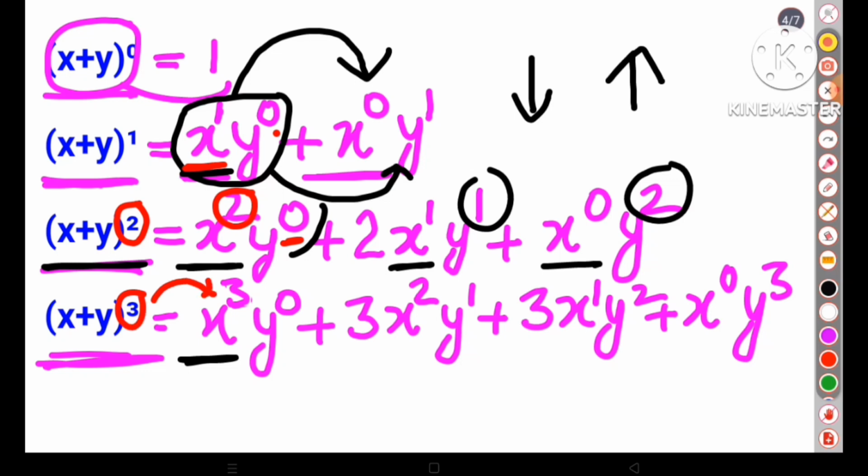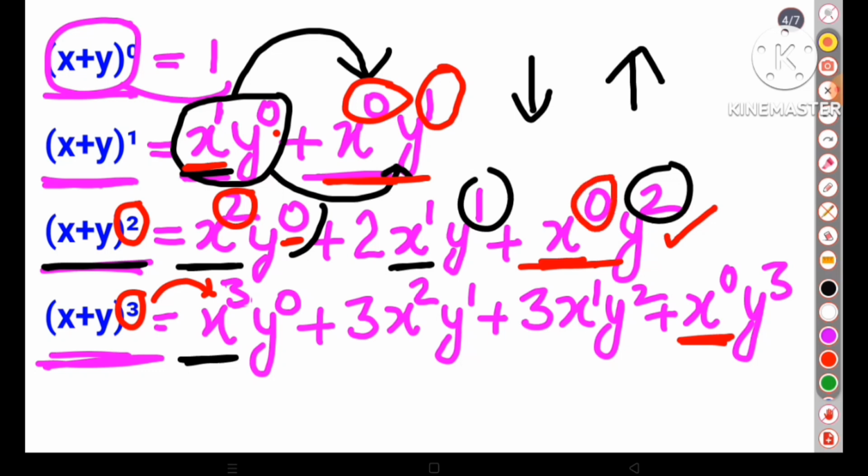And in the last term of each expression, we have given all the power of the expression to y and x gets 0. Similarly, in this case, for (x plus y) whole square, we have given all the power to y in the last term and we have given 0 to x.